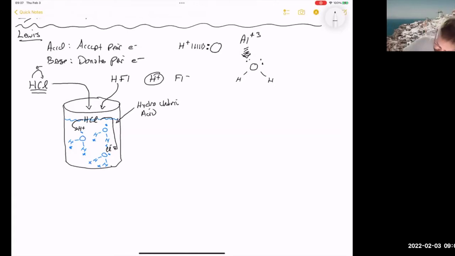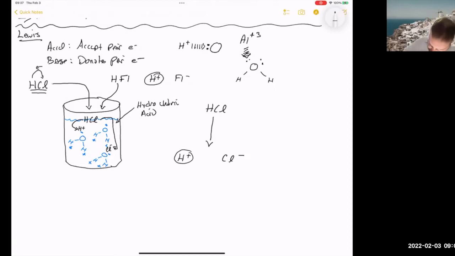So when hydrogen chloride gets dissolved in water, it breaks apart into hydrogen ions and chloride ions. And because it is releasing the hydrogen ions, we call it hydrochloric acid. That's what makes it an acid.